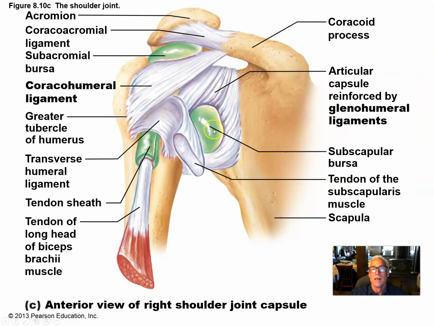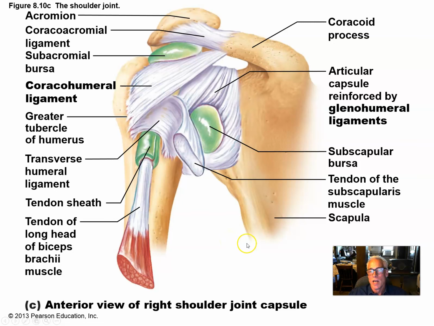More pictures of bursa and tendon sheaths and some of the ligaments that are present in the shoulder. You can see that there's a ligament that connects the coracoid process here to the acromion, and another ligament that connects the humerus to the coracoid process, as well as tendons of various muscles that help stabilize that joint. This is a very unstable joint.